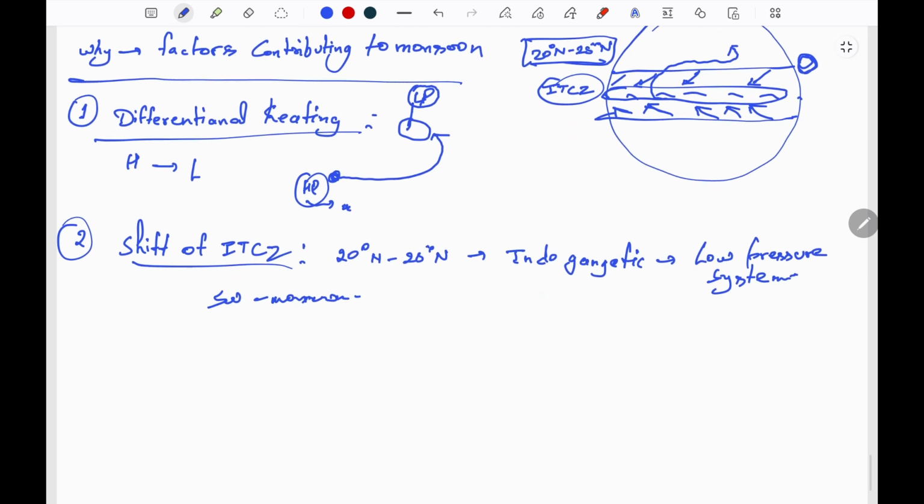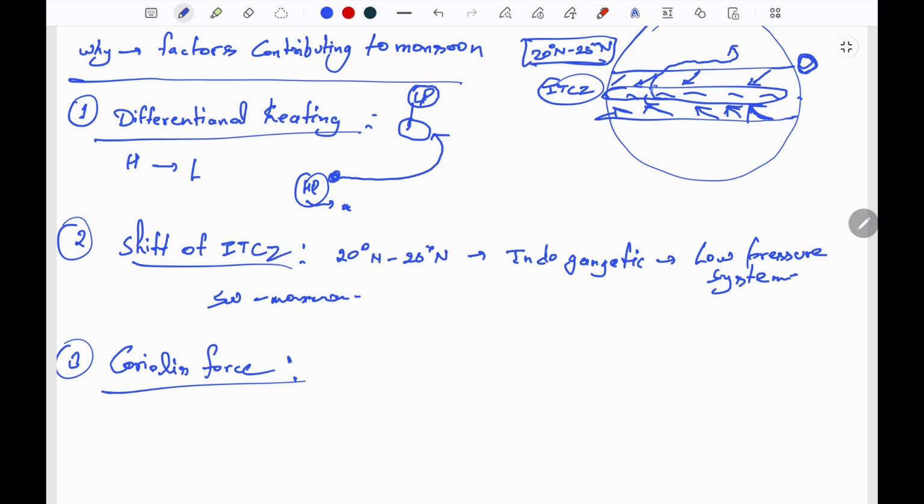Now next one is Coriolis force. And how is this affecting monsoon? These trade winds in the southern hemisphere are south easterly, that is they are blowing from the southeast direction, and as they enter the northern hemisphere by crossing the equator, we know that Coriolis force deflects the wind to its right in the northern hemisphere.